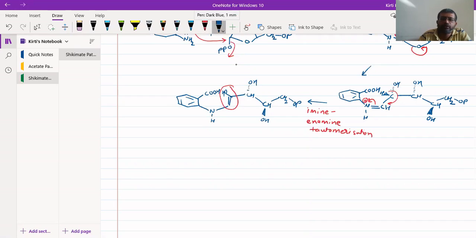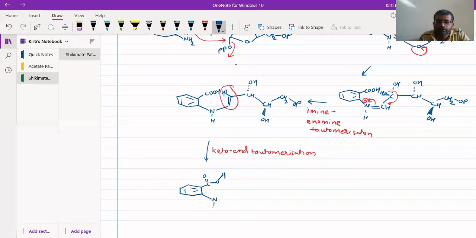So this keto-enol tautomerization will give us this, which will be our COOH.